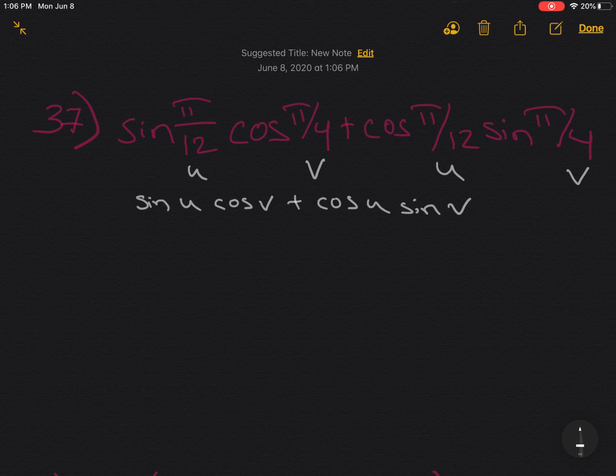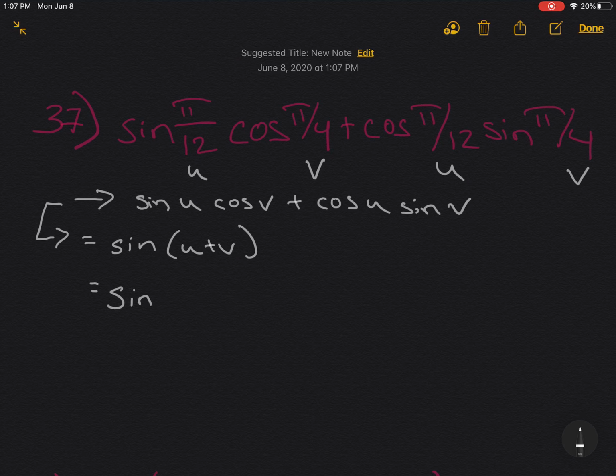Which one is this? This one is the sum of sine. This is what this is equal to. These two things are equal. So therefore, all you had to do here was insert your u, pi over 12, your v, pi over 4.